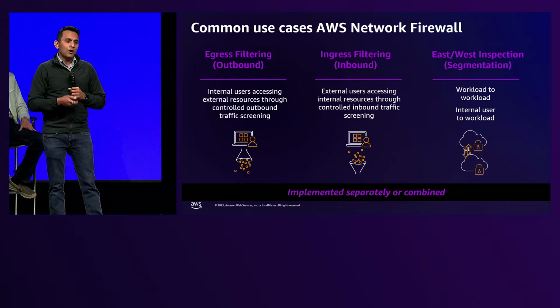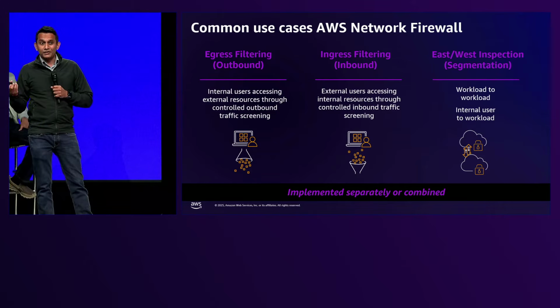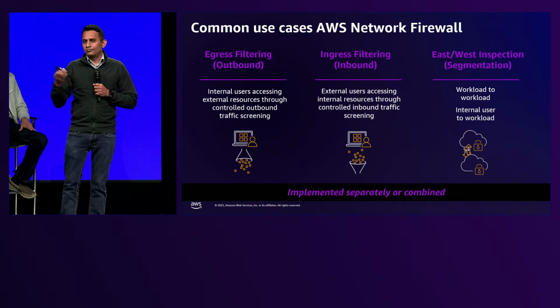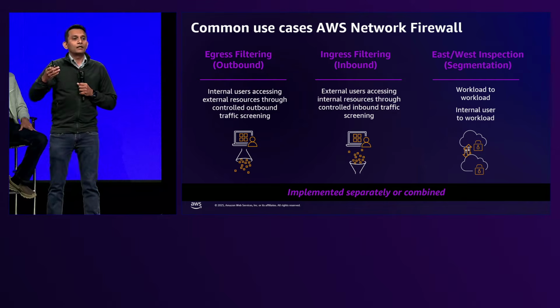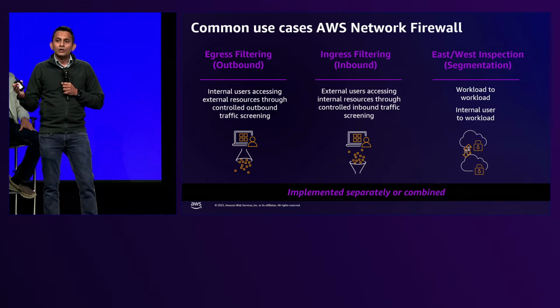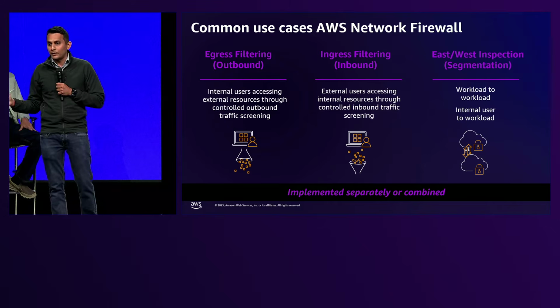Then for inbound filtering, customers are worried about vulnerabilities in their software which can be exploited, right? So here they use, as we saw, web application firewall to prevent incoming web requests at the edge, but they also deploy network firewall in addition to web application firewall as a defense in depth mechanism to have consistent security across their web and non-web traffic protocols.